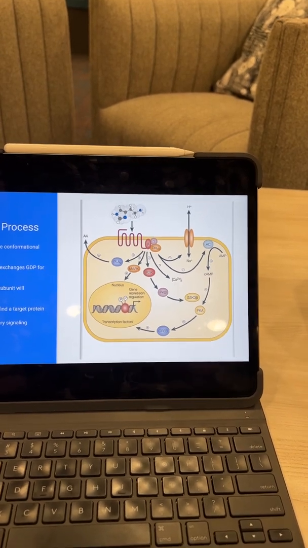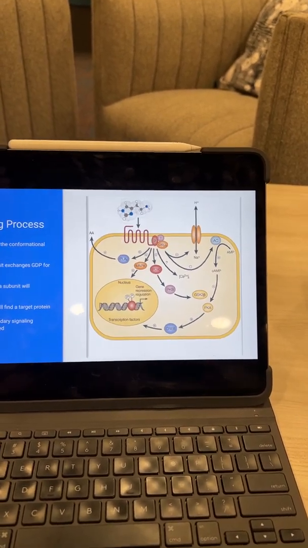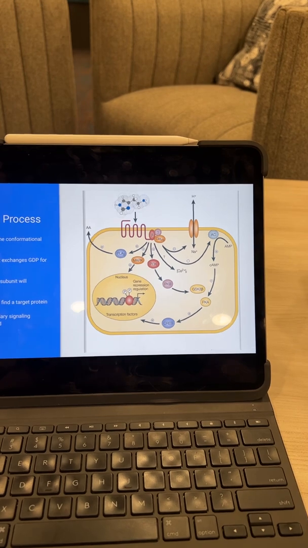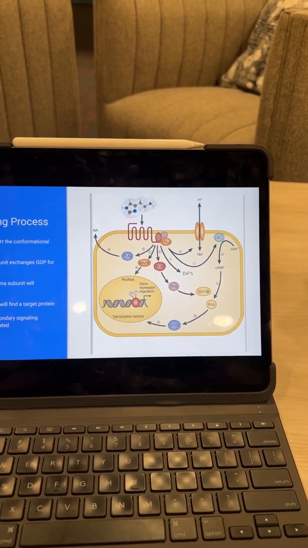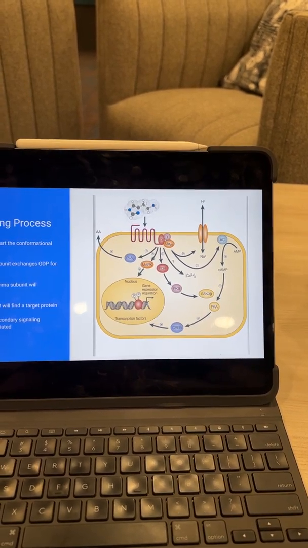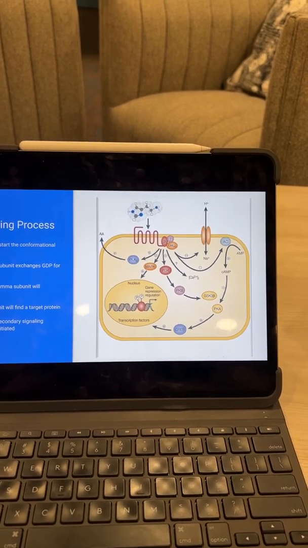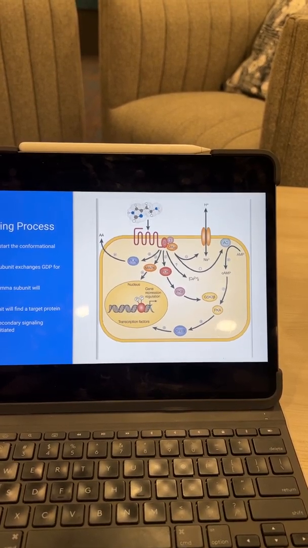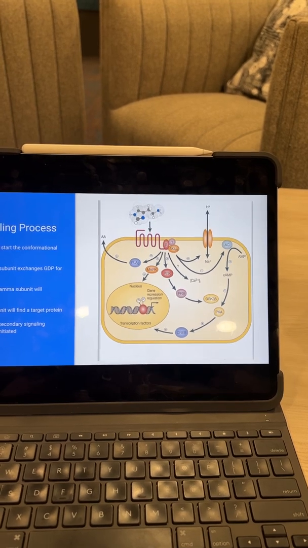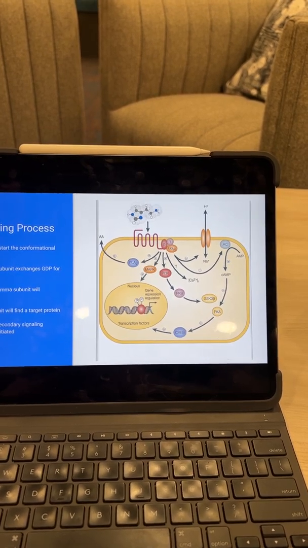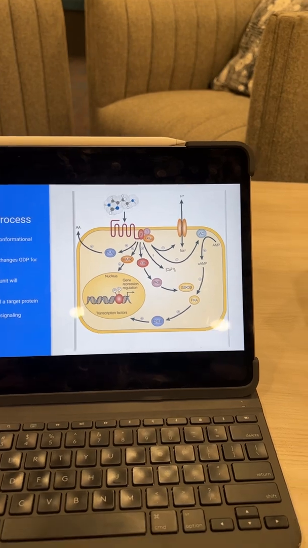So for the signaling process, the ligand starts the conformational process, and the alpha subunit will bind to GDP, and after the G protein receptor undergoes conformational changes, the alpha subunit binds to GTP.